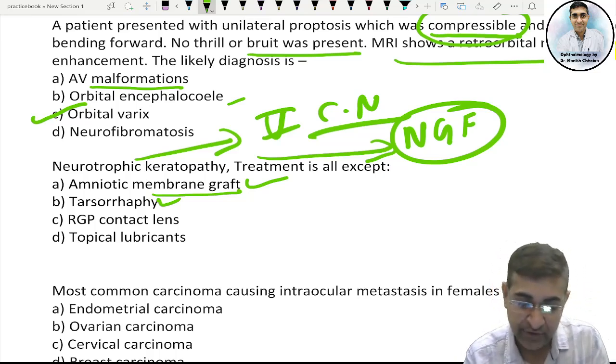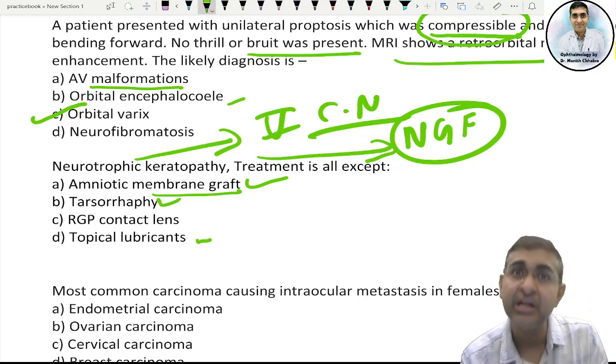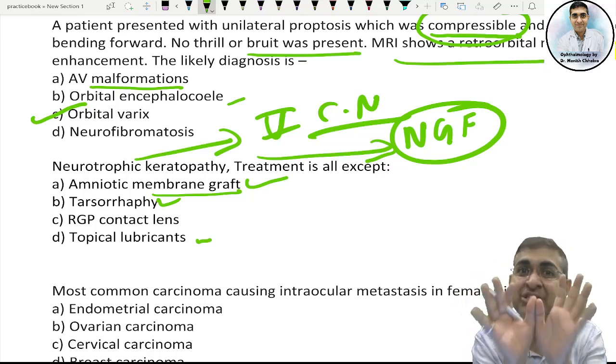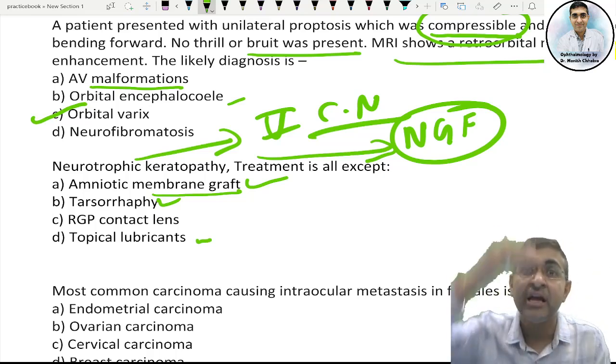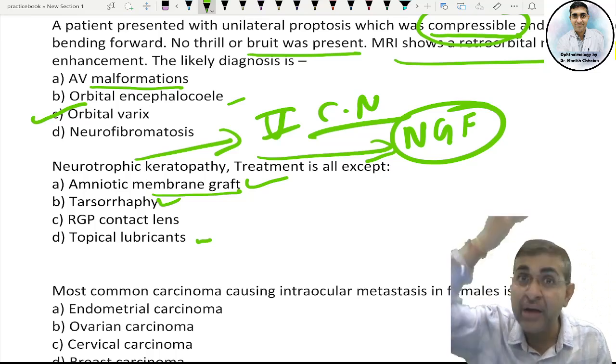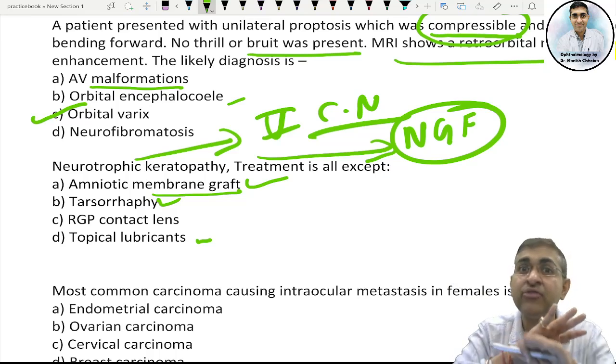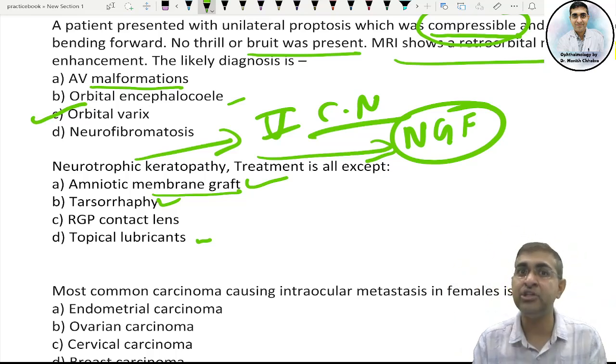Yes. Tarsorrhaphy, topical lubricants. Lubricants will help in providing some lubrication so that the upper eyelid does not rub upon the cornea, and as a result it may not further lead to damage of the corneal epithelium.